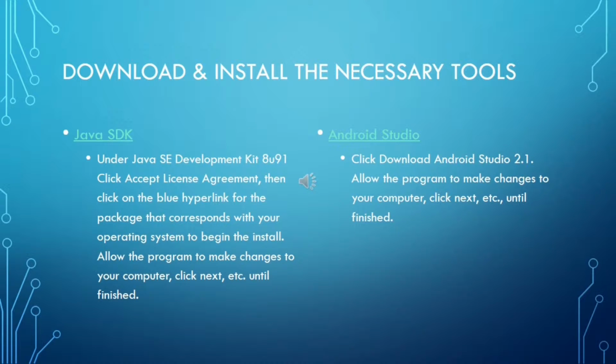Okay, before we move any further within this tutorial, I want to begin download of the tools that you're going to need to be able to develop your applications. The first thing that you're going to need is the Java SDK. Now, I'm going to include the link here in the comments for the video.